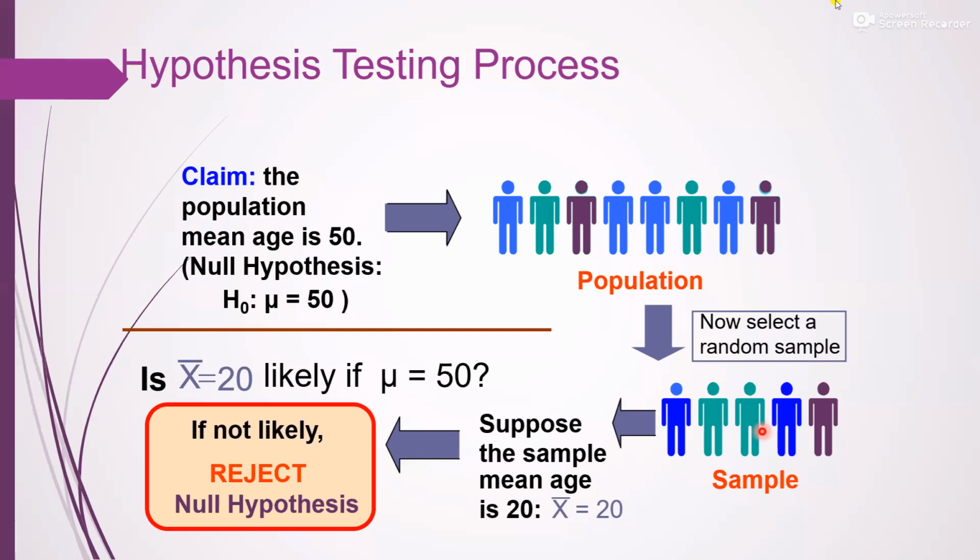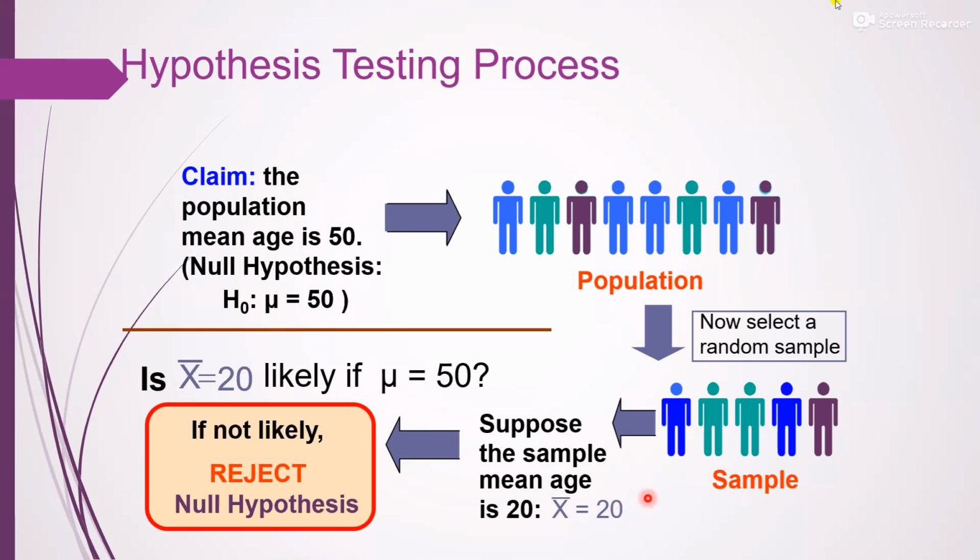That consists of a few members, right? Then from these selected members, we are asking their age. And we find that the sample mean is 20. The average age of the sample is 20 years.